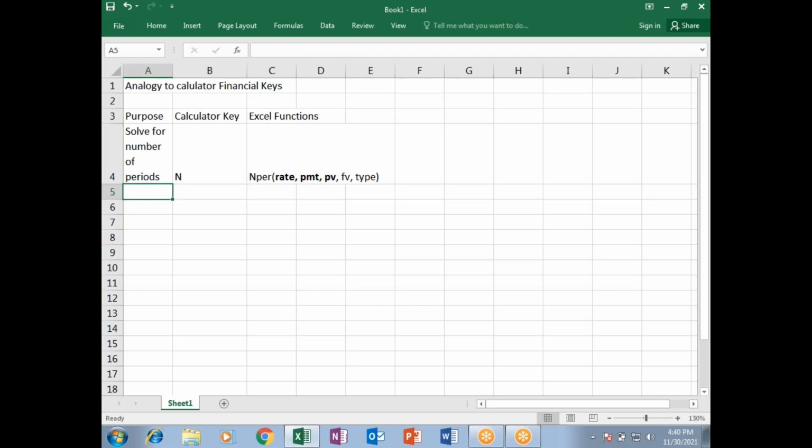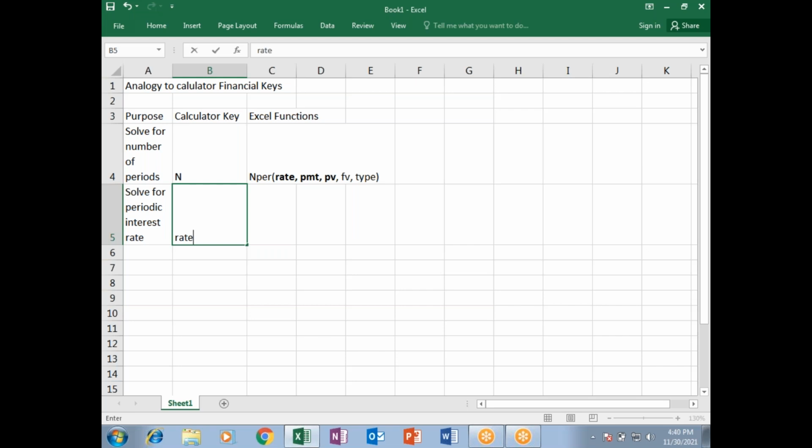Next, if I want to solve the periodic interest rate, I'll be using the RATE function. So the formula will be RATE.